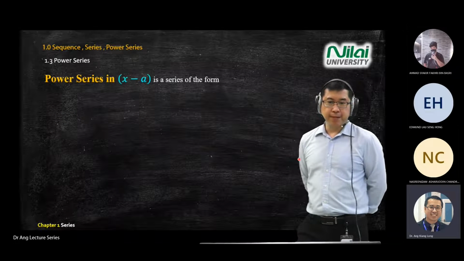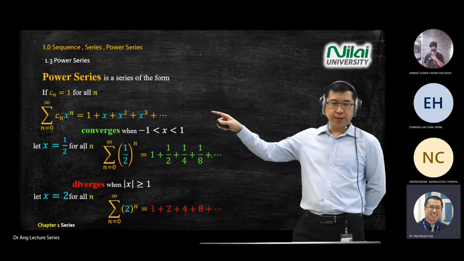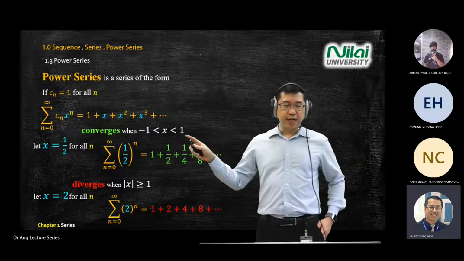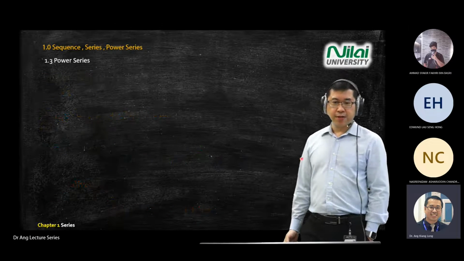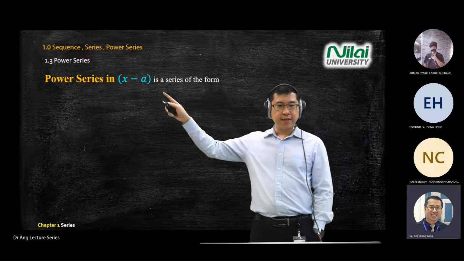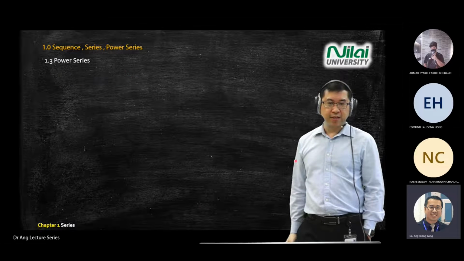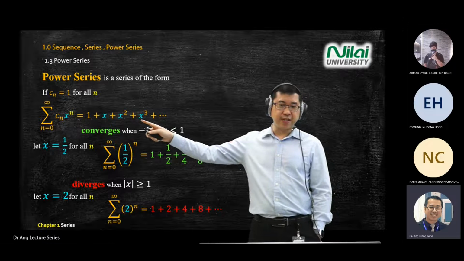Let's look at another one. We have done the general formula, and then I showed you the pattern, and then we discussed the convergent and divergent scenarios. Now let's look at what happens when your x is x minus a. Just now our x was very clean, only x.